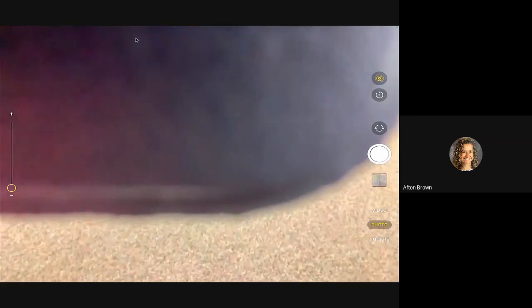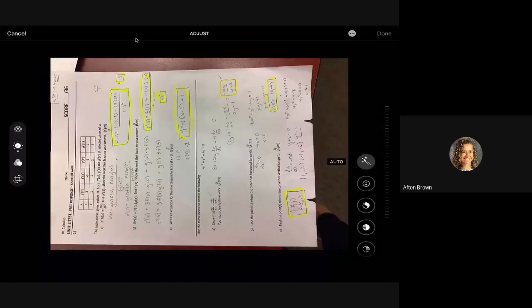I want to turn. Rotate, rotate, where's rotate? Come on, crop that. What was that?